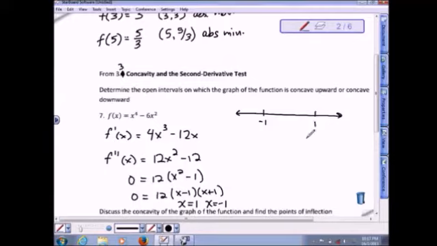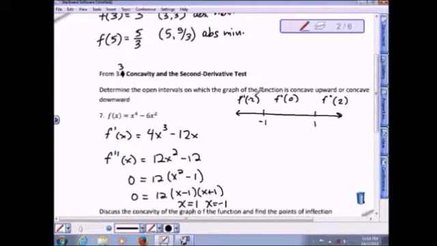and it describes the concavity of the graph. So we test points within each interval into the second derivative. So we do f double prime of -2, for example, f double prime of 0, and f double prime of 2 to see whether or not we have positive or negative values in the second derivative.